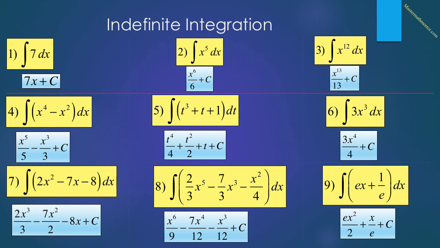Get used to working with fractions with integrals. They occur frequently. Finally, number 9, the integral of ex is ex squared over 2, plus 1 over e times x, because e is a constant, or x over e plus c.